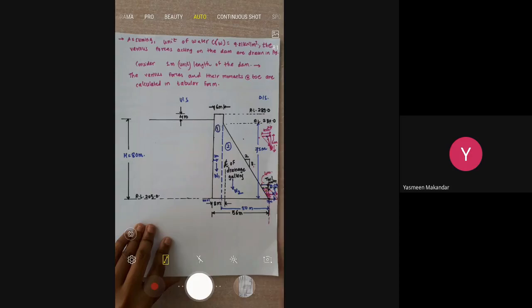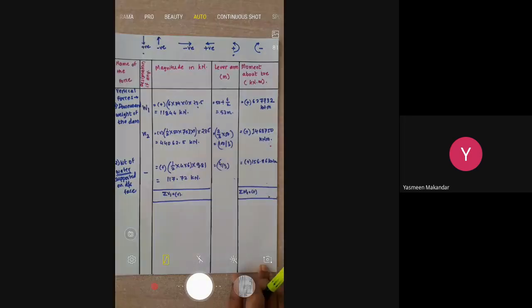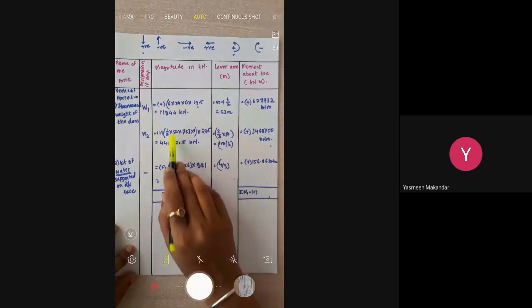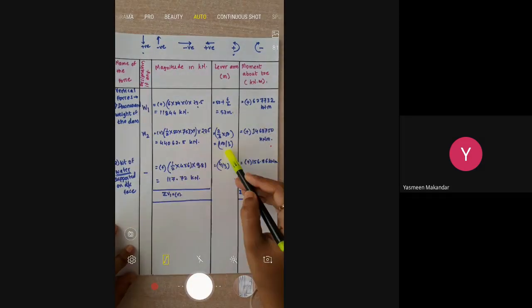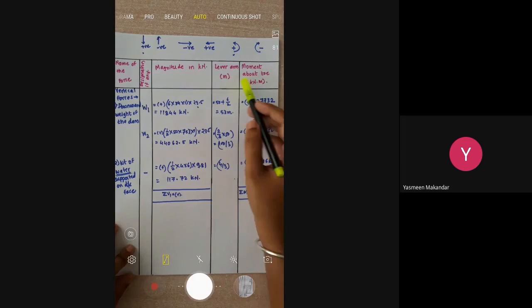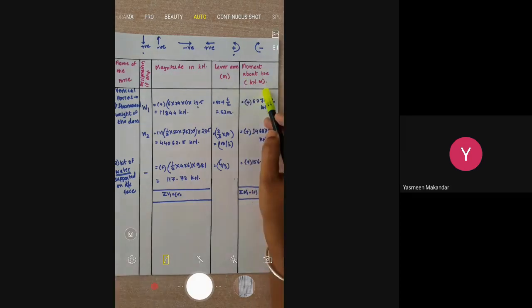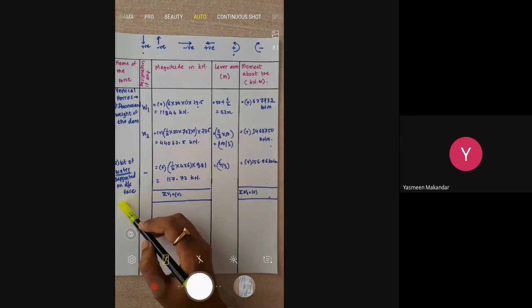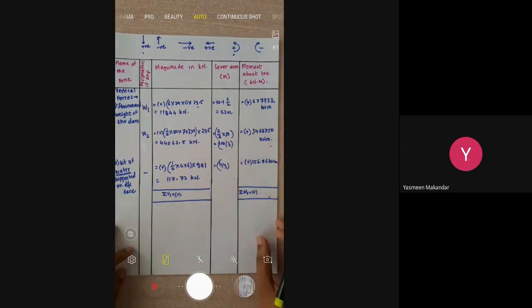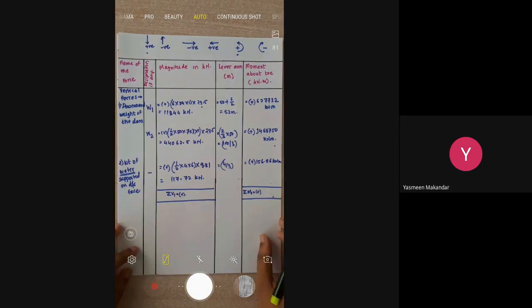So right now we have finished with the vertically downward forces, right? So this is what we have discussed. Weight of dam divided in two parts, W1, W2, with respective lever arms we have calculated to take the moment about the toe. Fine. Then the weight of water supported on the downstream face, that also we have covered, right?